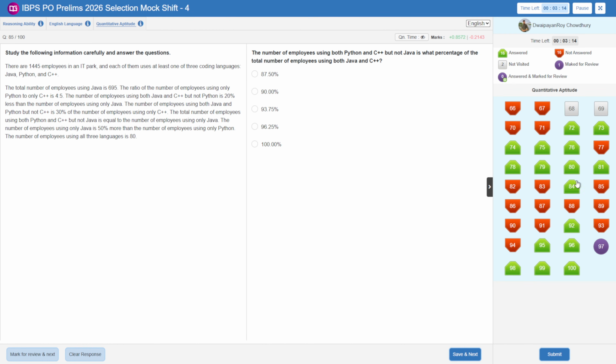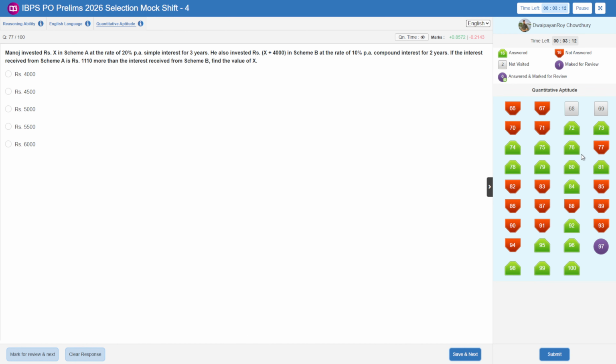Manoj invested in scheme A rupees X, 20% for 3 years, so 60% got from A. He invested X plus 400 in scheme B at 10% compound, so 21%. If the interest received from A is more than B, so from B he would have received 0.21x plus 840, and from A you would get 0.60x.